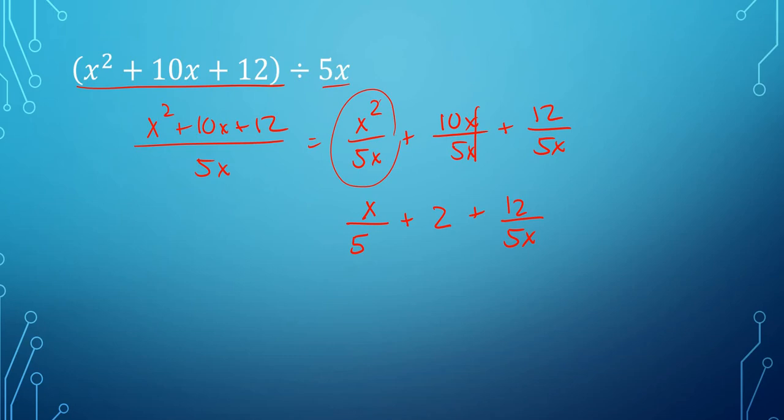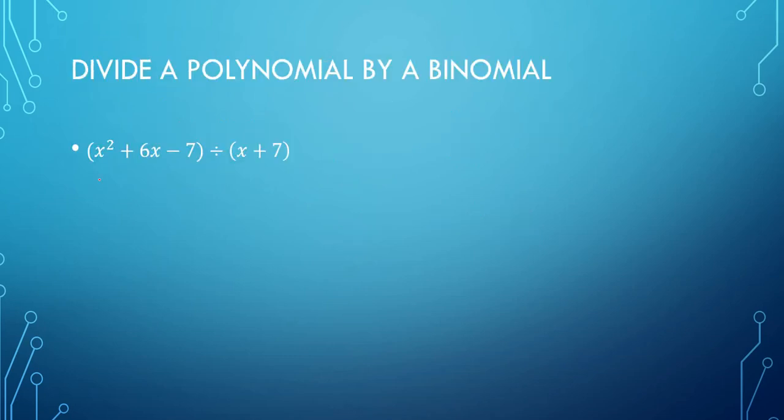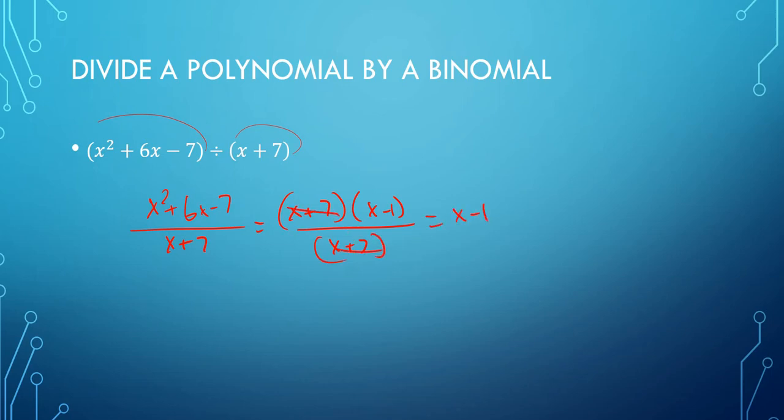Okay, so now let's look at dividing a polynomial by a binomial. If I set it up with my division bar, I can look at this and say, well, maybe I can factor. If I factor the top, you can see that I will be able to cancel and get x minus 1.